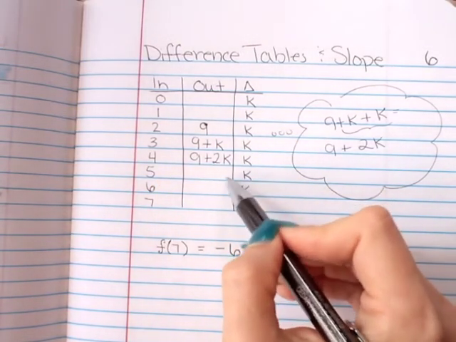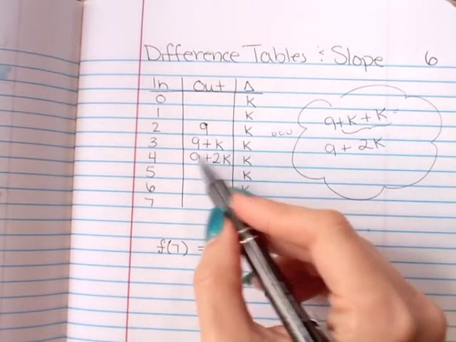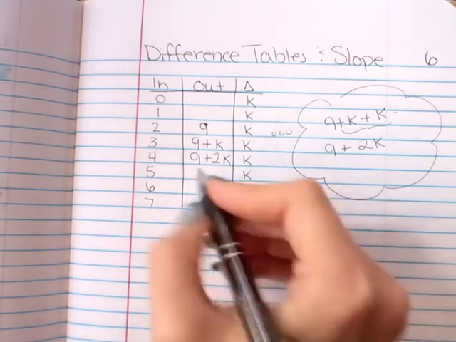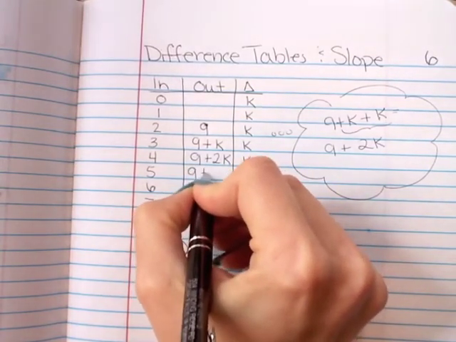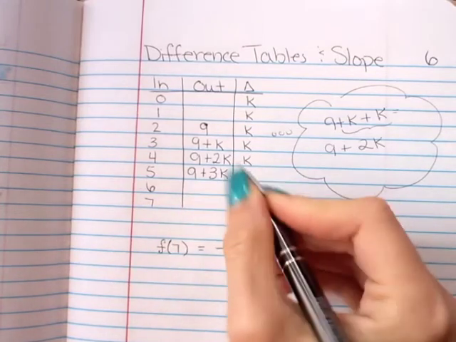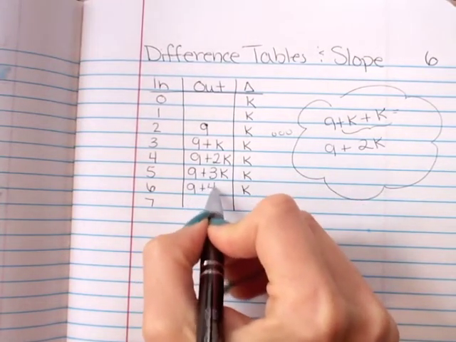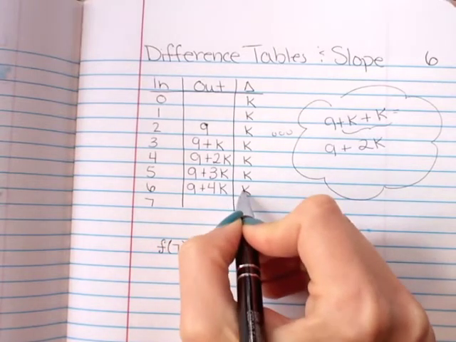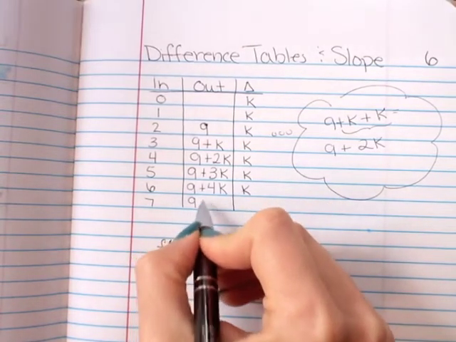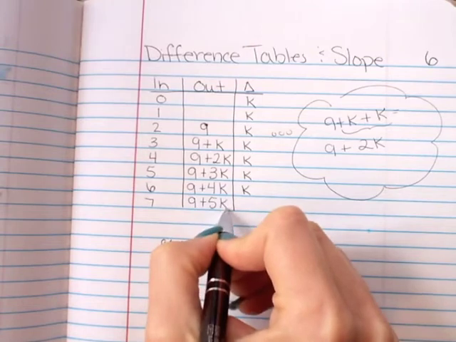And then to get our next output, we're going to add k again. So we've got 9 plus 2k plus k, or 9 plus 3k. If I add k again, now I've got 9 plus 4k. And I'm going to add k again, 9 plus 5k.